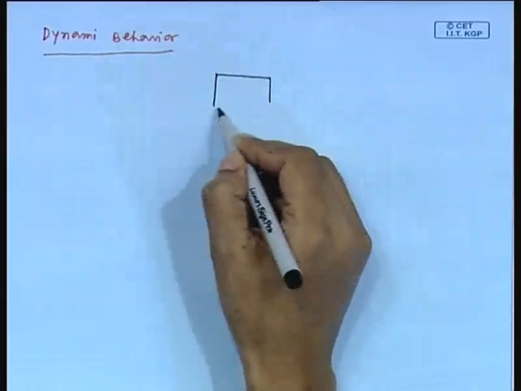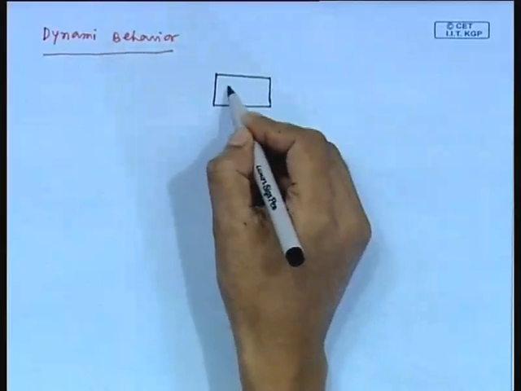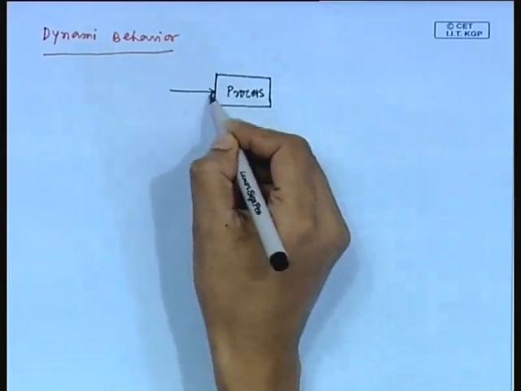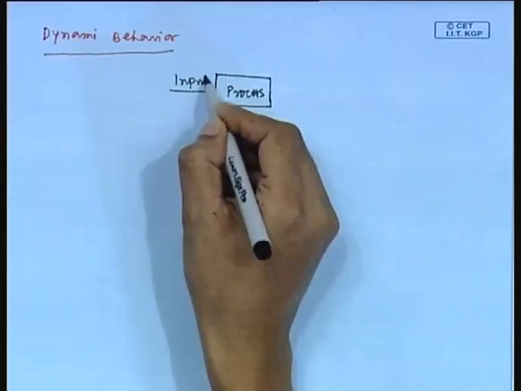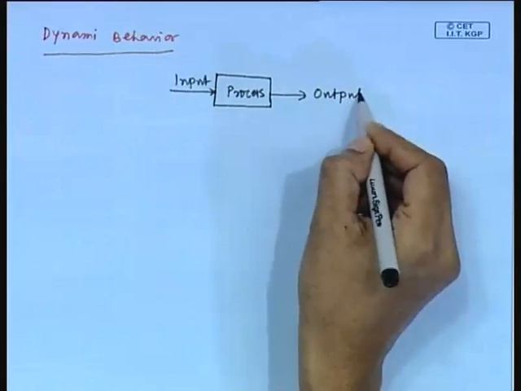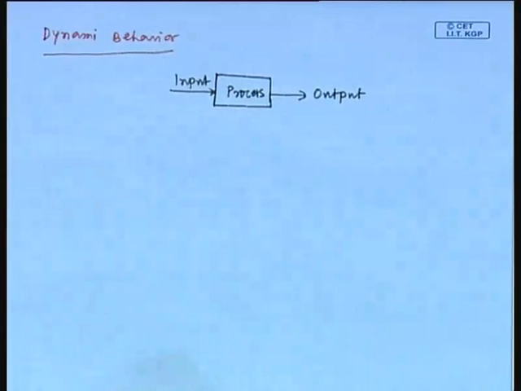We have a chemical process. This is input, this is output. If we give a change in input variable, we will get some change in output variable, and that is the dynamic behavior, and that we will observe in terms of the change in the output variable.